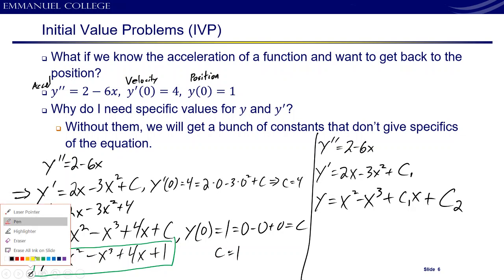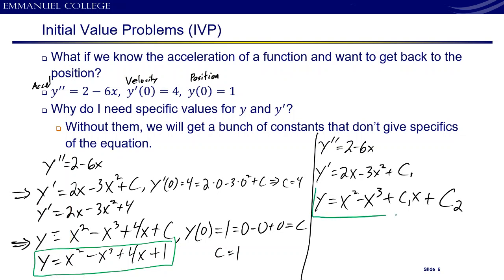And if you notice here, it looks basically the same as what we had before: x squared minus x cubed plus 4x plus 1. But now we have x squared minus x cubed plus c1x plus c2. Those initial values give you exactness of the equation.